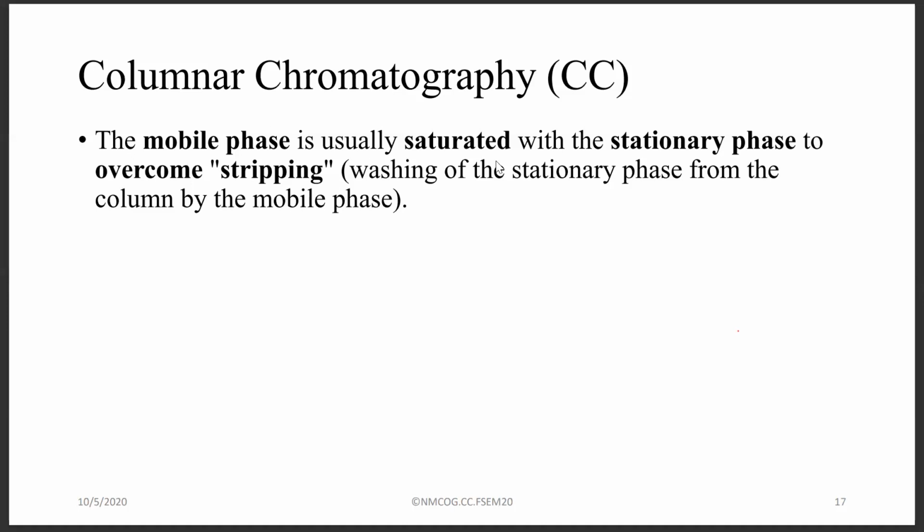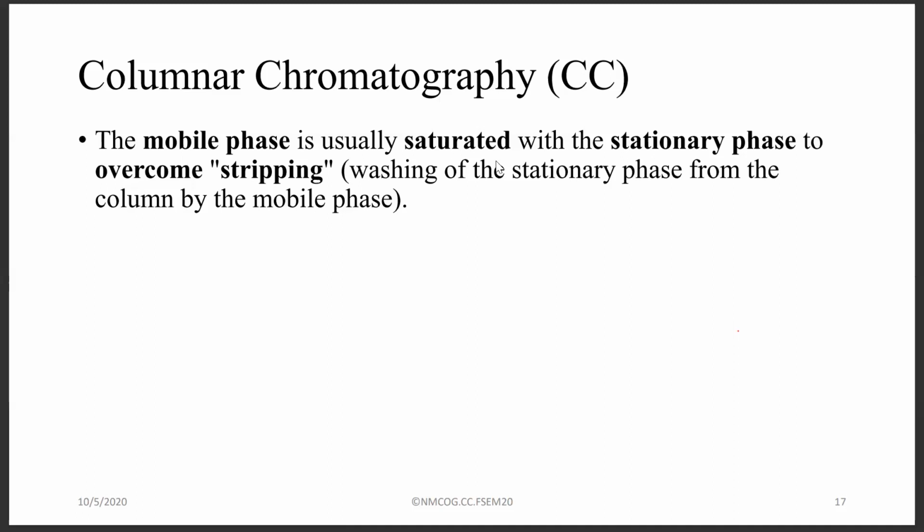So there's a high chance that it might move the stationary phase itself because there's so much pressure at one point. But once we make sure that the stationary phase is completely saturated with the mobile phase, the pressure is divided equally through the stationary phase.